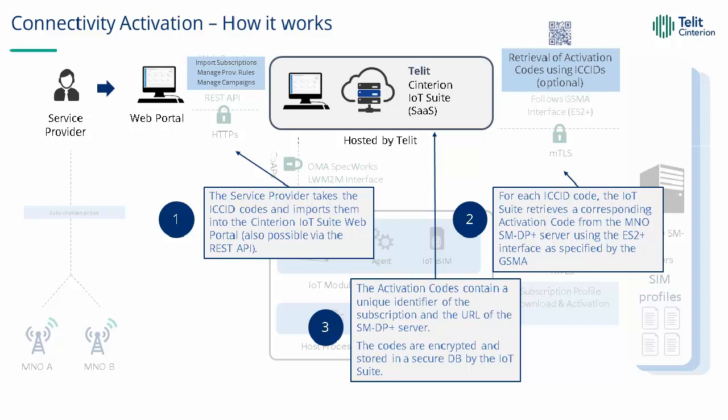But that is still optional in the whole solution. Basically, we retrieve all the activation codes with those ICC-IDs. Again, that is optional. Some of the mobile network operators support that, and some of them support the activation code directly.